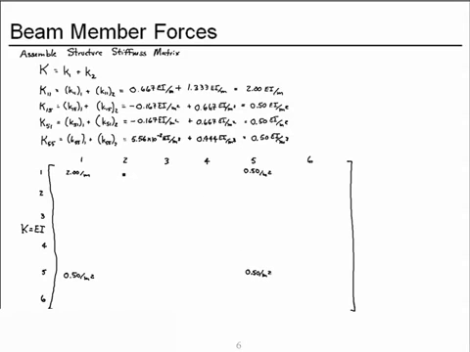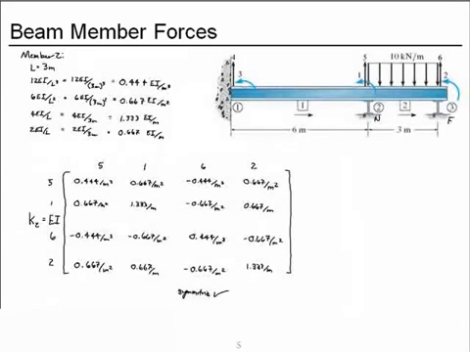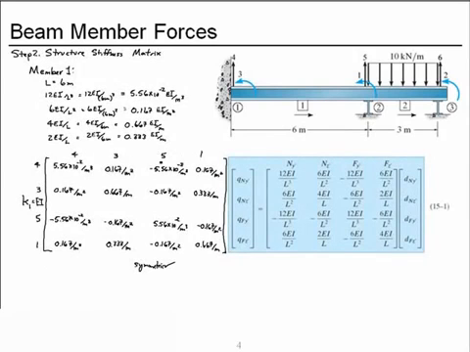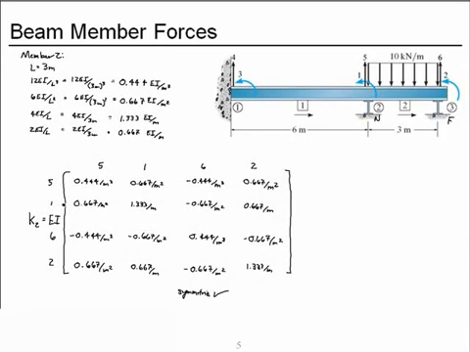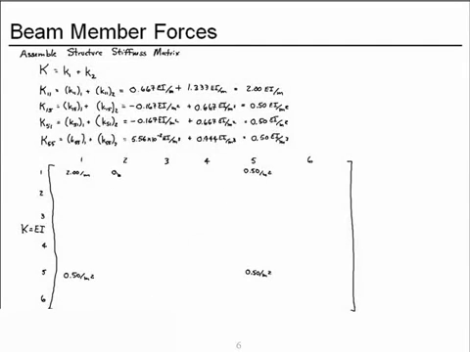Now for all the other terms. For row 1, column 2, only member 2 connects these two degrees of freedom. So member 1 won't contribute anything, as evidenced by the degrees of freedom shown here. So coefficient 1,2 will be 0.667 EI per meter. Now for 1,3.